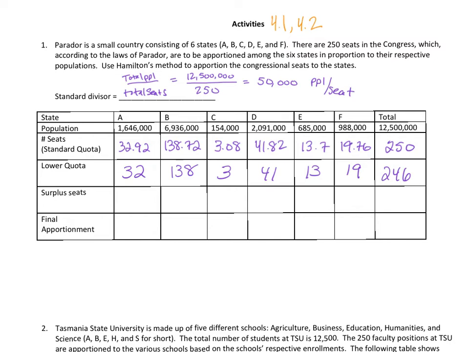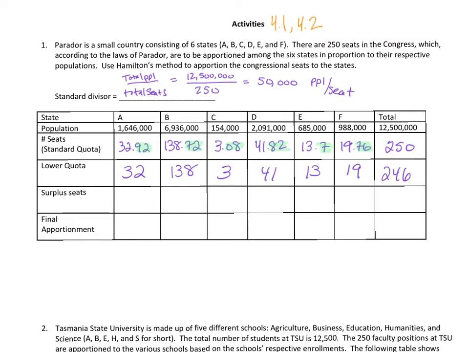So we have to decide who gets them, and we decide by looking at the fractional portion, the decimal portion of the standard quota. We're going to give another seat to the 4 states that are closest to an additional whole seat.